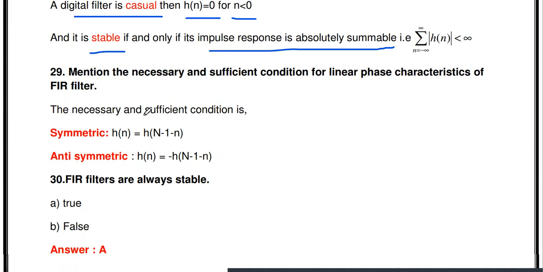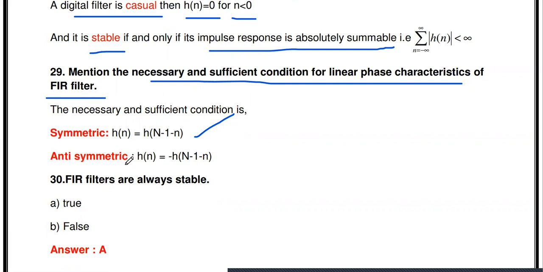Then the next one, mention the necessary and sufficient condition for linear phase characteristics of FIR filter. The conditions are: if the filter is symmetric, it should satisfy the condition h of n equal to h of N minus 1 minus n, where capital N is the length of that particular filter.